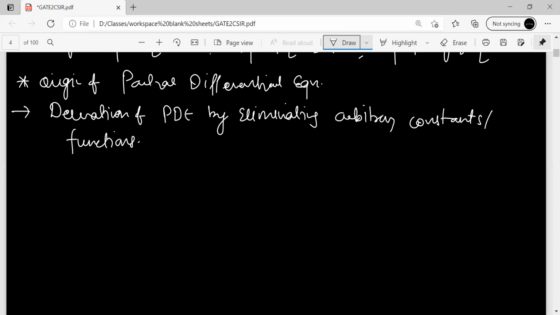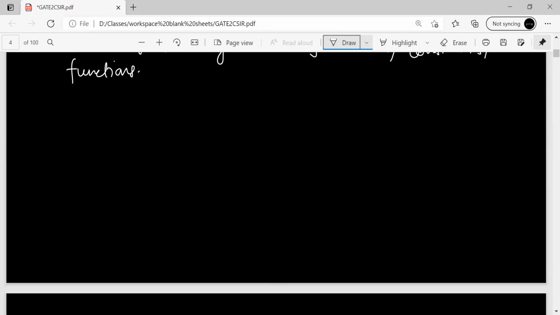So what do I mean by this? There will be criteria again. Let's say I have an equation which looks like f of x, y, z, where a and b are arbitrary constants.